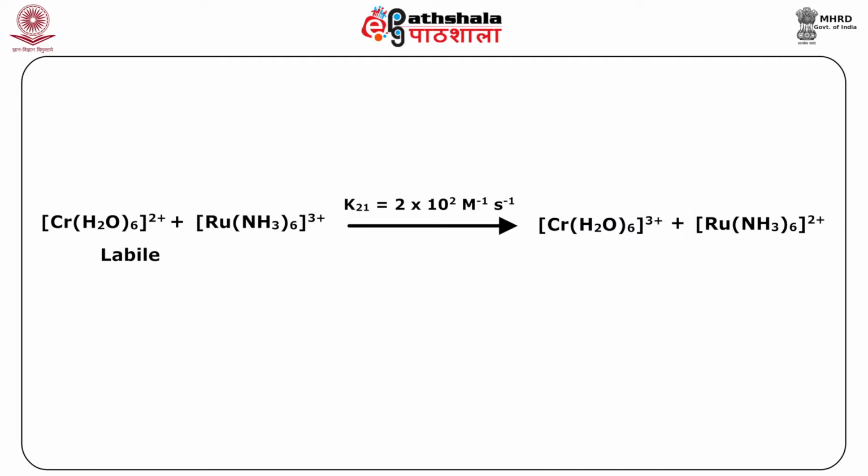Although if you see, chromium is getting stabilized by forming chromium 3 species, however ruthenium is going to be destabilized as D6 systems seldom go for D5 configuration, especially for the D4 and D5 series. So the rate of this reaction, K21, is equal to 2 into 10 to the power 2 mole inverse second inverse.